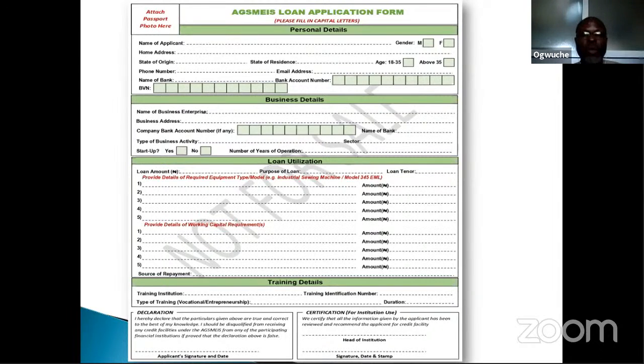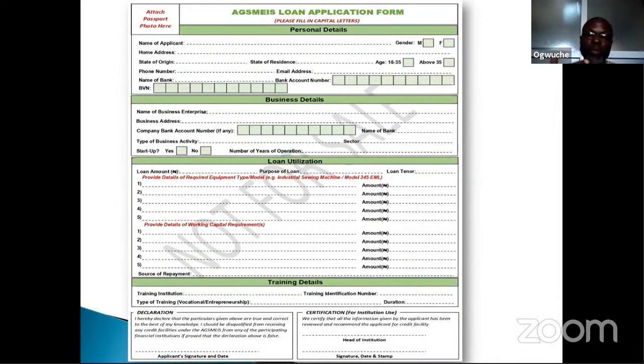Loan utilization, the loan amount, how much is that? Well, we don't expect you to complete this one until you complete these two other sections. The loan utilization section is the most important part of this form because this is the basis on which your loan request will be assessed and then the amounts given to you.